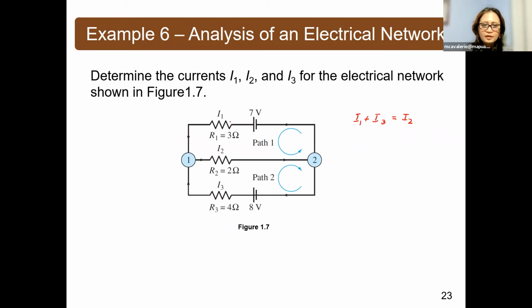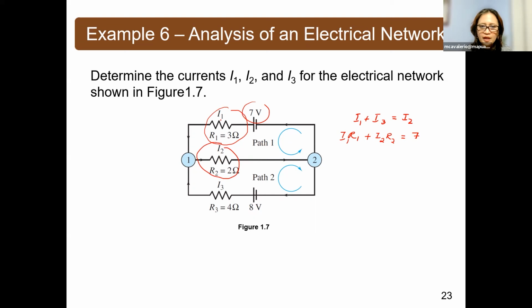We can have I1 times R1 plus I2 times R2 equivalent to the total voltage, which is 7. So that loop is equivalent to 7 volts.